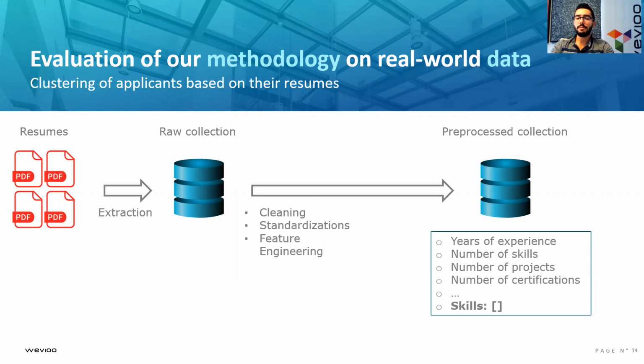Some of the variables of this pre-processed collection are years of experience, number of skills, number of projects, number of certifications, and a multi-valued attribute, which is skills. So we need to apply k-modes to make the skills attribute single valued. Then we pass all these pre-processed, continuous, and categorical skills to a k-prototypes algorithm to generate new clusters.